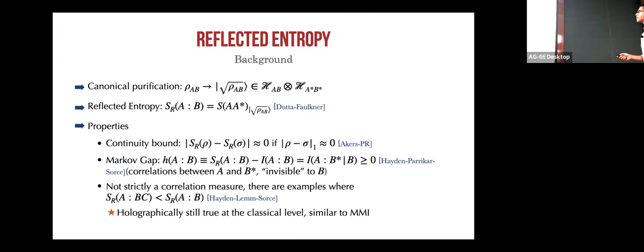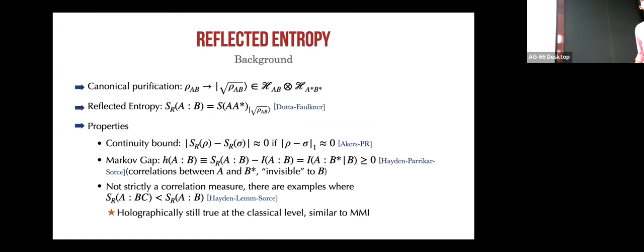And this thing you can show is always positive. Assuming the mostly bipartite conjecture, this actually becomes 0. So for the Bell pair type state, this Markov gap vanishes.